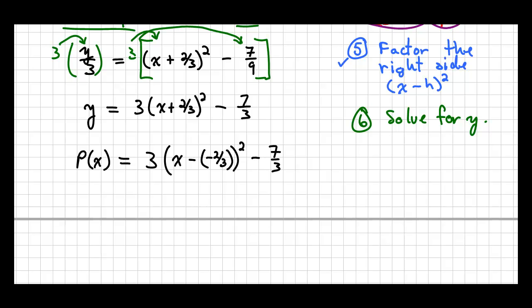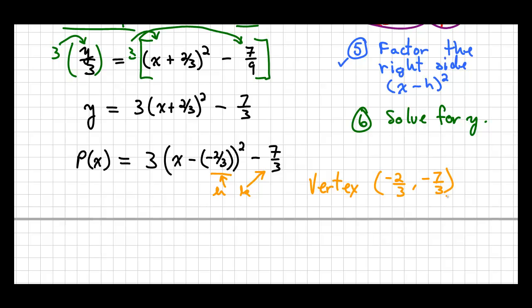And so if you remember from this form, our vertex, this is h and this is k, our vertex for this parabola then must be negative 2/3, negative 7/3.